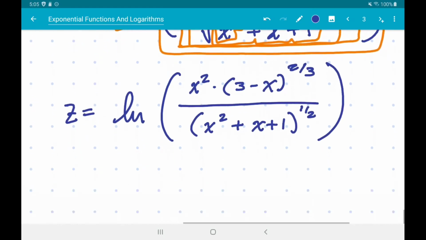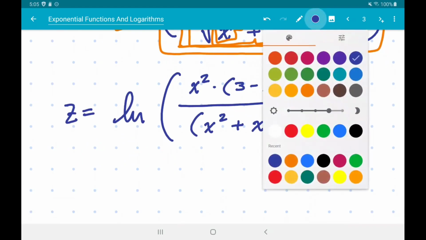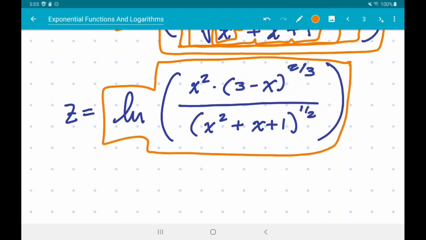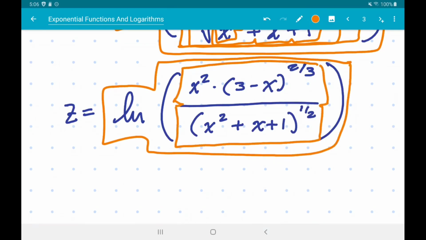Okay, now again, our goal is to take this thing apart. I'm only going to draw the ln box, and then this division is the last thing that happens out of all the stuff inside.